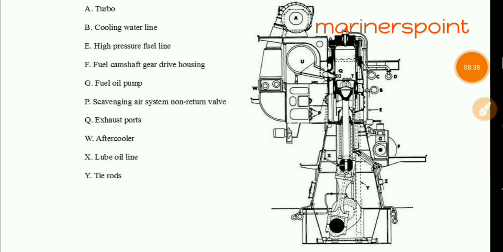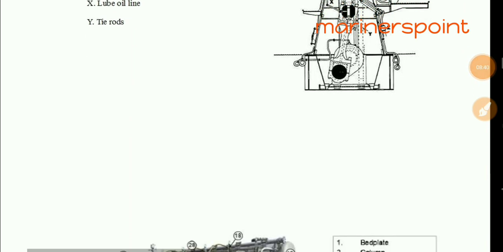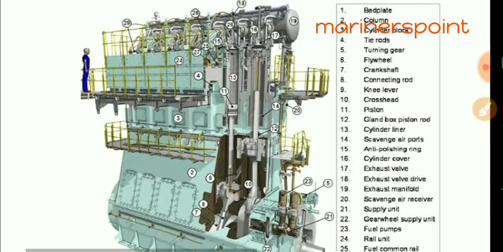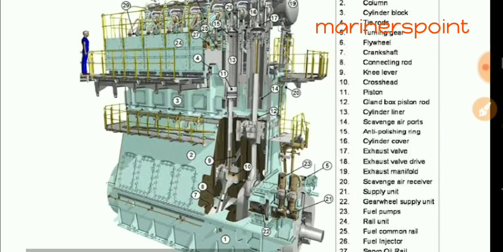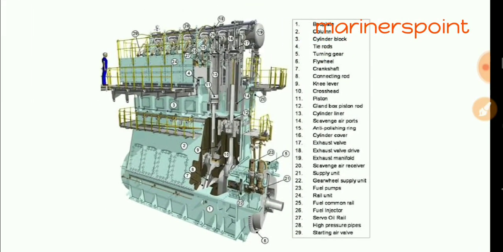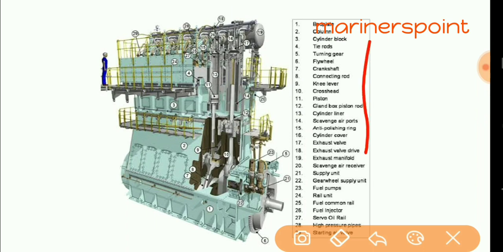now let us see more pictures. You can see at one time, all is mentioned: bed plate, column, cylinder block, tie rod, turning gear, flywheel.